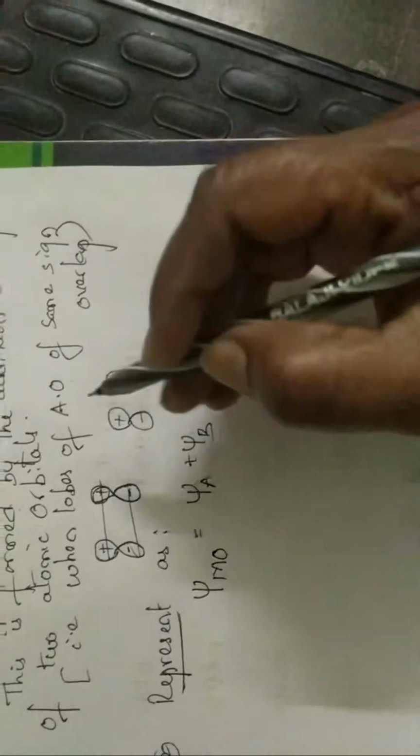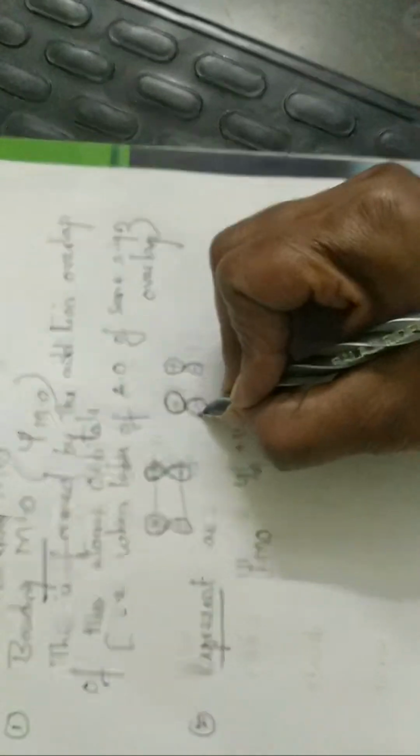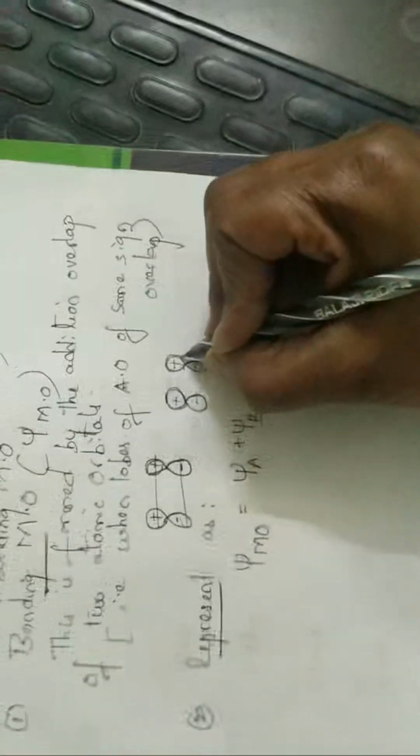Here it means lobe. See here, this is a lobe of a p orbital, and here also.